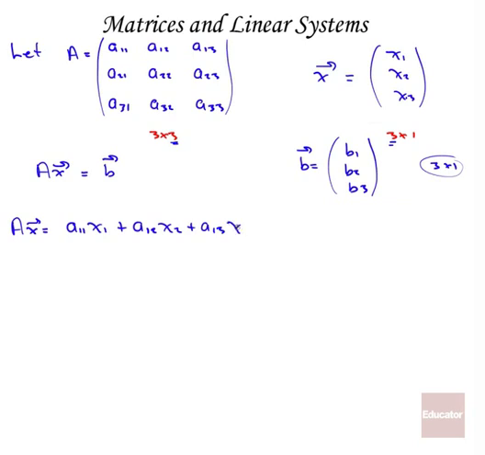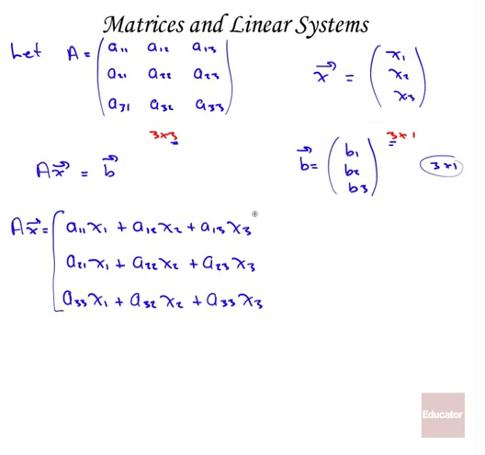And then I do the second row, that column again. I get A21 x1 plus A22 x2 plus A23 x3. And then I'll do the third row, which is A31 x1 plus A32 x2 plus A33 x3. That's my actual matrix multiplication.